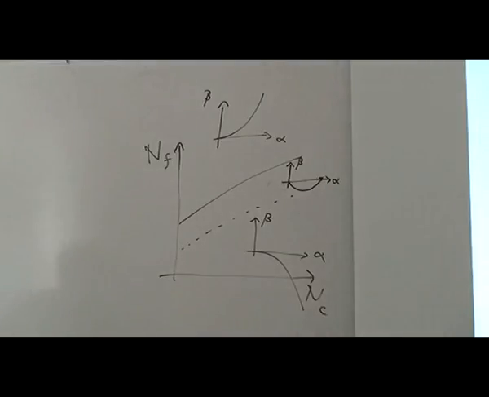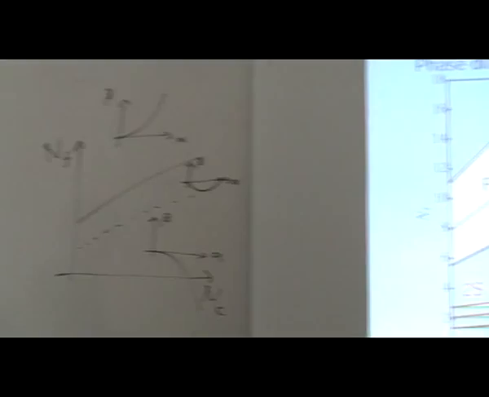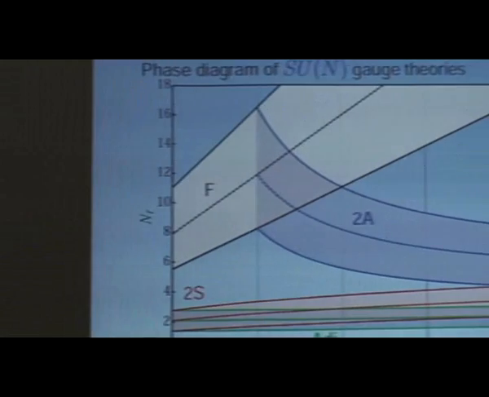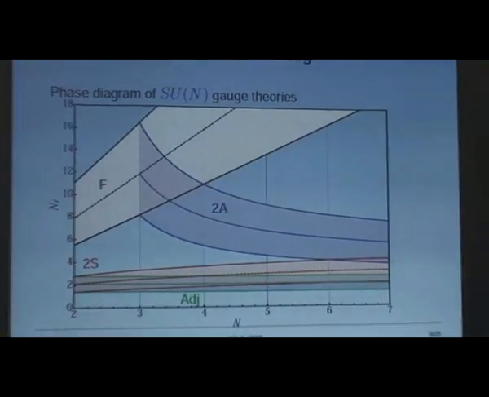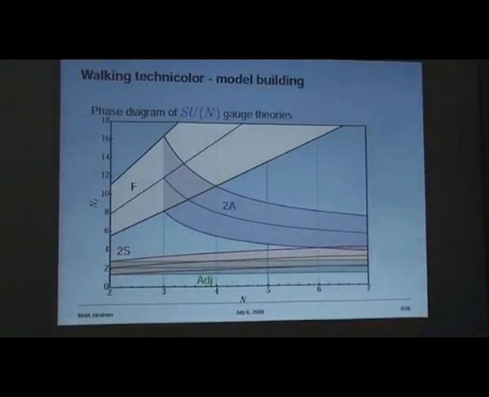So what is shown in the plots are these lines for the SU(N) technicolor theories, with technicolor quarks in different kinds of representations of the gauge group.